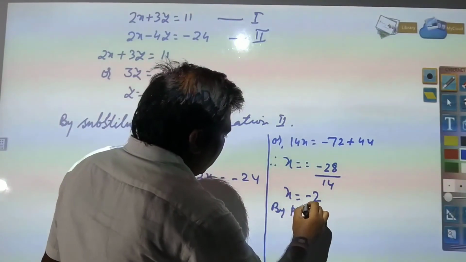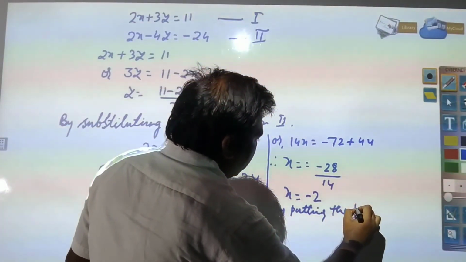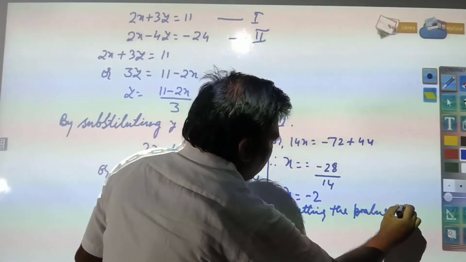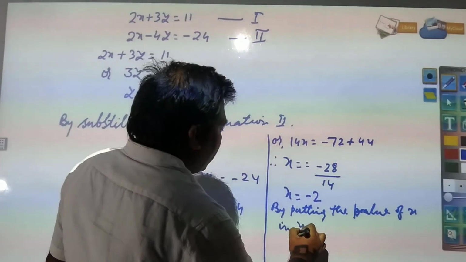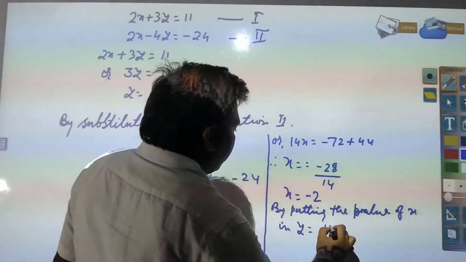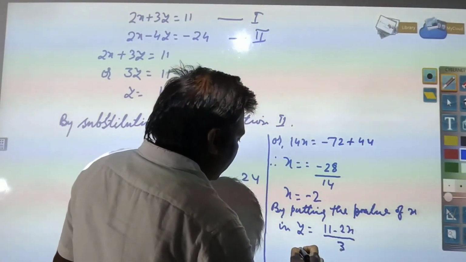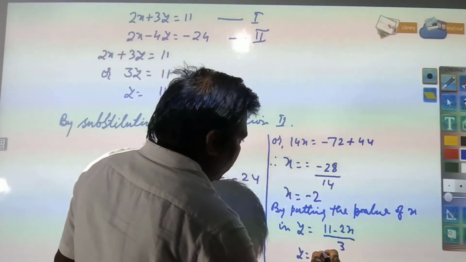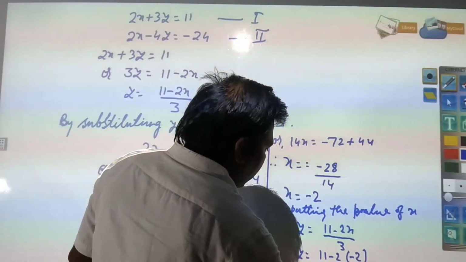By putting the value of x in y is equal to (11 minus 2x) by 3, what we will get? y will be equal to (11 minus 2 into minus 2) by 3.